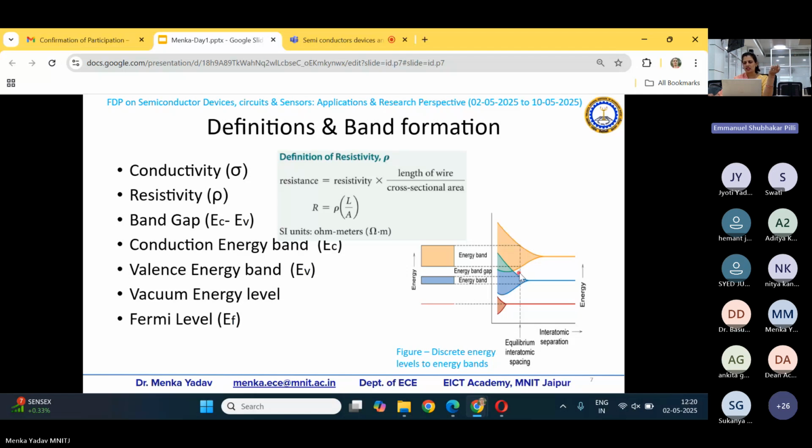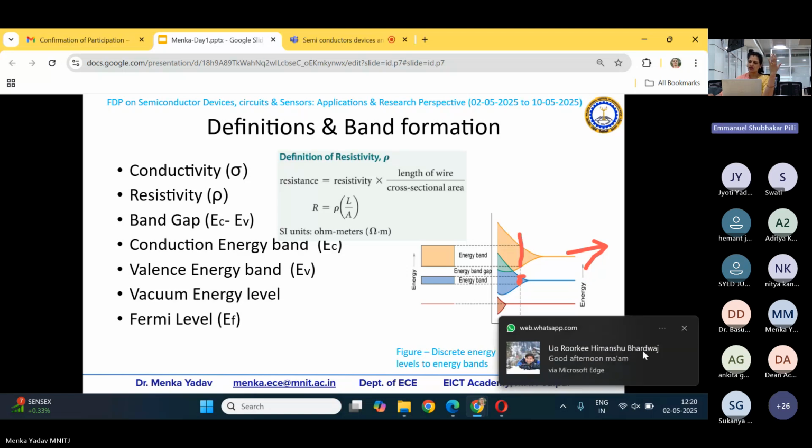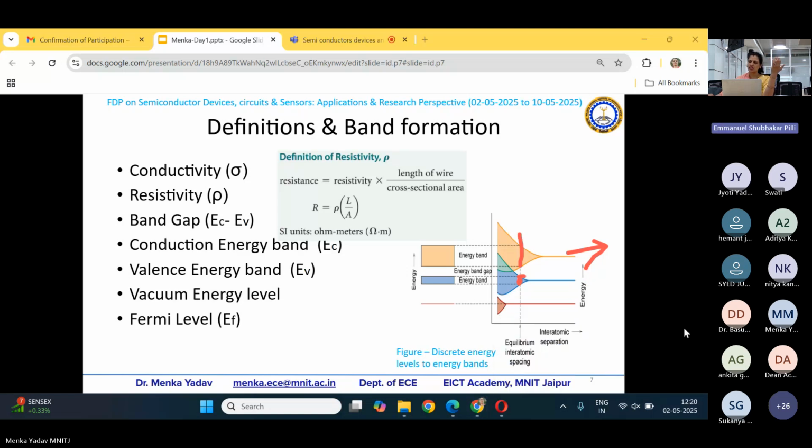And there will be these energy levels. The bottom energy level, from here to here, is the valence band. And from here onwards, it is known as the conduction band, which has been created from all the conduction levels, meaning the higher level electrons. So this is the theory behind it, right?